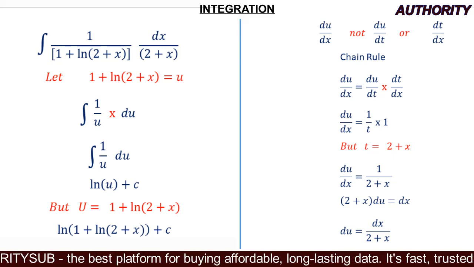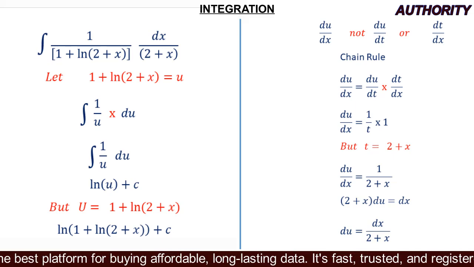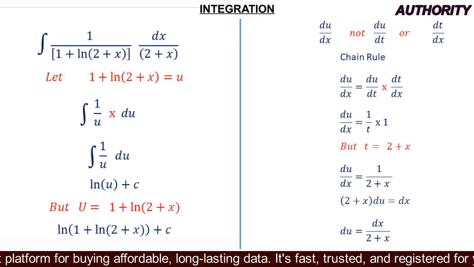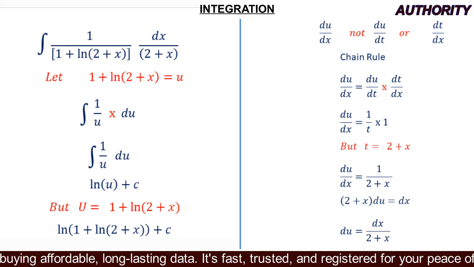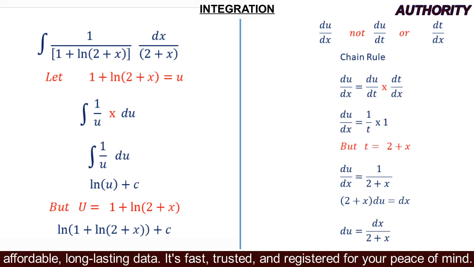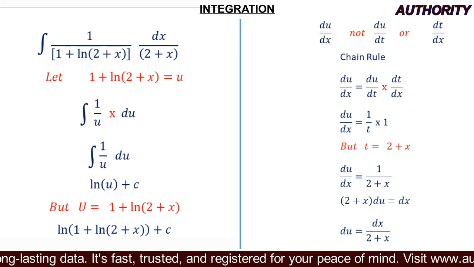Properly solving du/dx, applying the chain rule, we obtained du/dx equal to 1 over (2 plus x). Then we cross multiplied and made du the subject, and we discovered that we found dx over (2 plus x) from the solution we got.